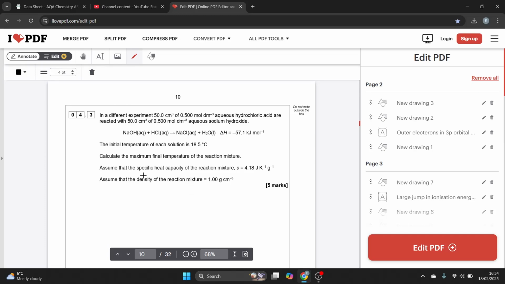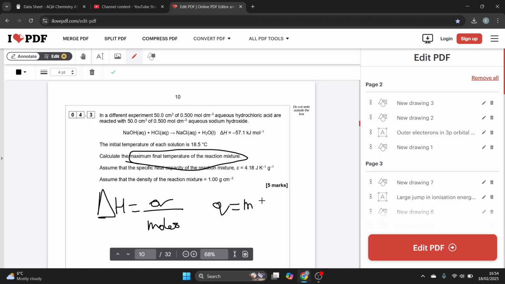Then it says question 4.3, in a different experiment, this much aqueous sodium hydroxide, aqueous hydrochloric acid reacted with this much aqueous sodium hydroxide. Initial temperatures given, calculate maximum final temperature of the reaction mixture. Okay, so I want to find out the final temperature of the reaction mixture. I'm obviously going to use delta H as Q divided by number of moles, but I also know Q equals MC delta T, and therefore delta T equals Q divided by MC.